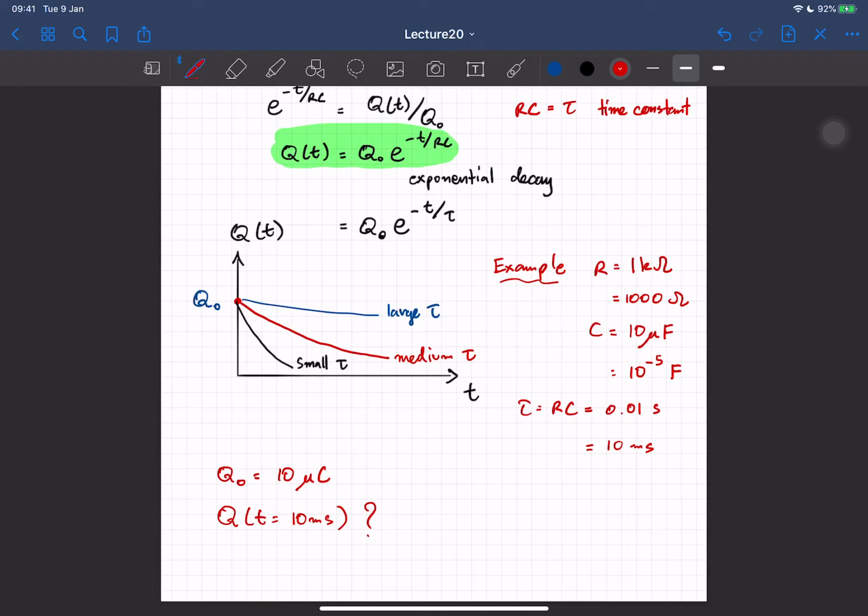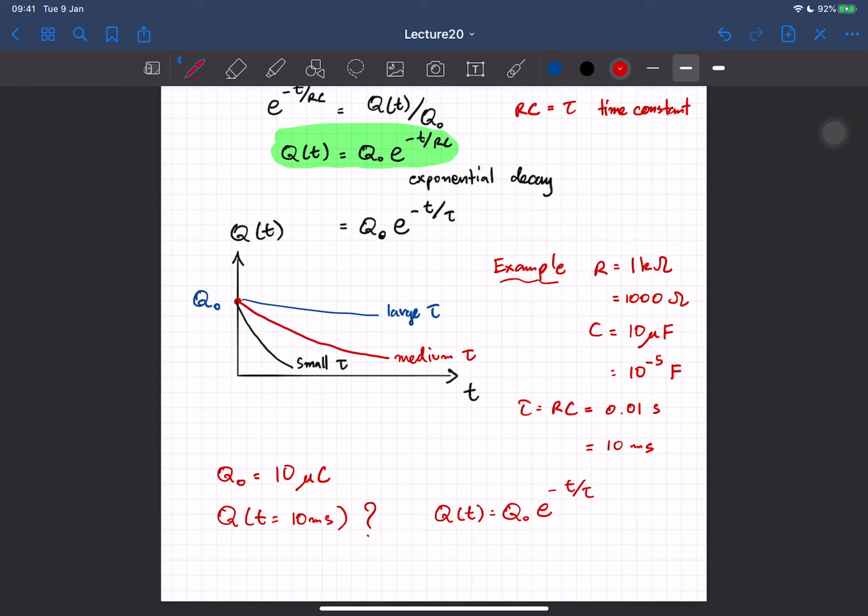Obviously, it's going to be less than 10 microcoulombs, because some charge is going to leave the capacitor. But how much exactly? Well, Q as a function of time is Q0 times e to the minus t divided by tau.